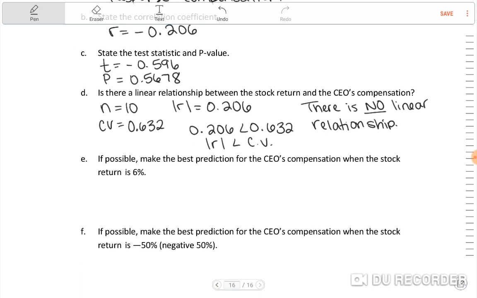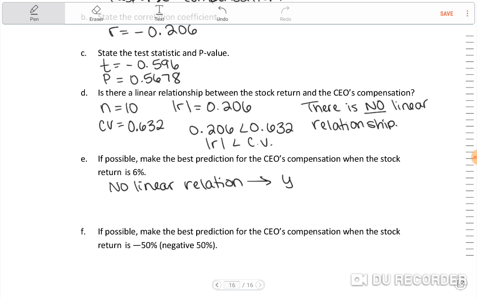Okay. So then it says, if possible, make the best prediction for the CEO's compensation when the stock return is 6%. Remember that the numbers are in percentages, so you would plug in 6. But here's a secret. It's not really a big secret. If there is no linear relation, then what does this mean?